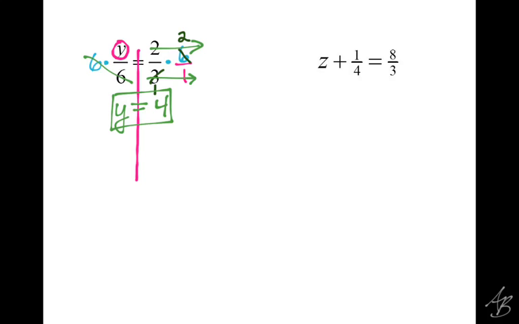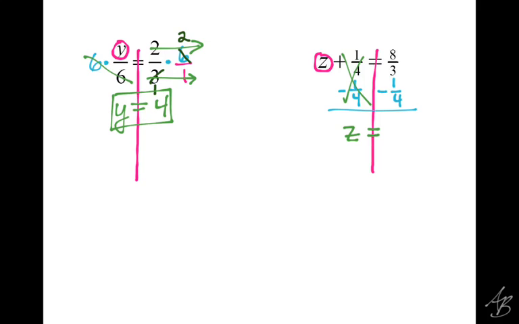Last one, we want to get that z by itself. So we'll circle that, draw our line. And what do I need to get rid of? The 1/4, and how do I do that? Subtract it. So we subtract 1/4, do it on both sides. And those 1/4 cancel, leaving z by itself over here.